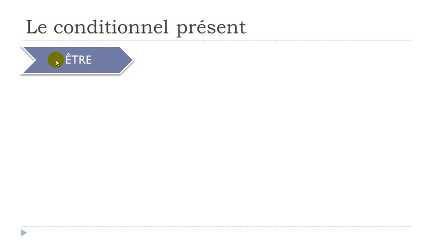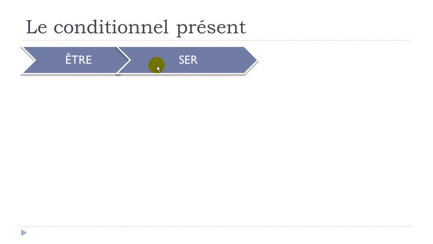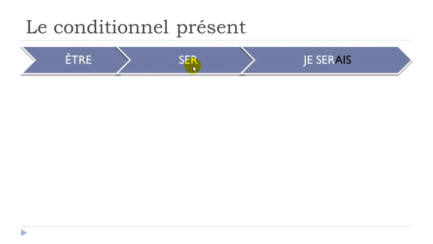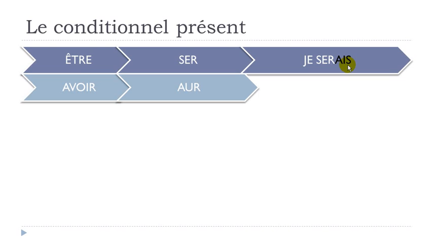So être will become ser. All right, and then after that you will have to put the endings. Je serais. All right, so you will keep this ser all the time for your conjugation, and after that you will add all the endings that we saw. Okay, avoir will become aur.